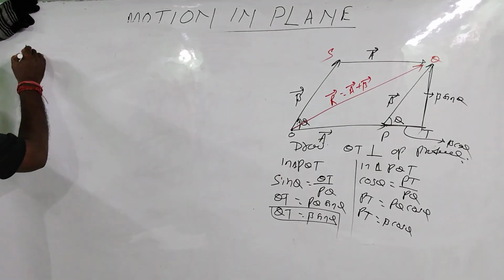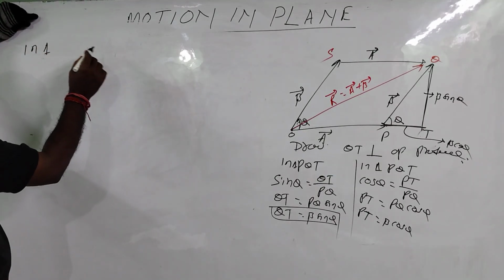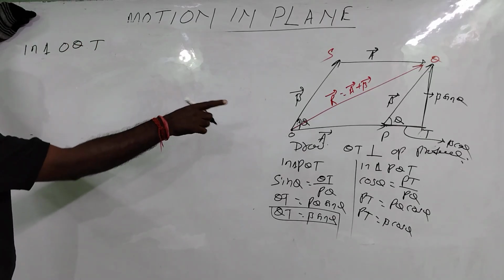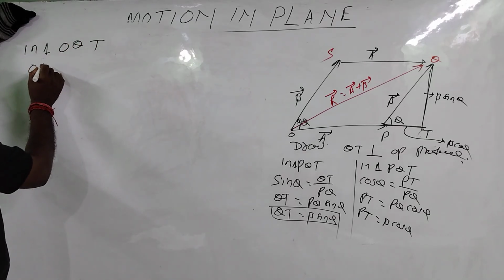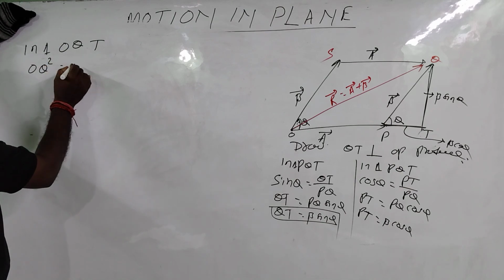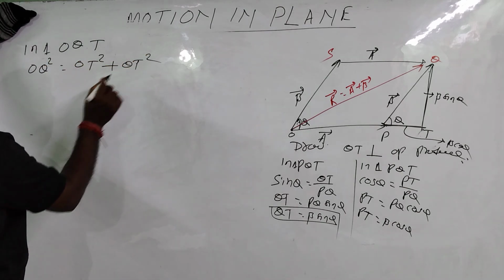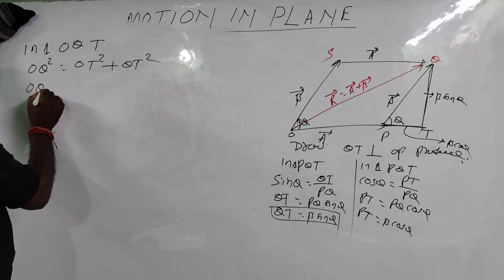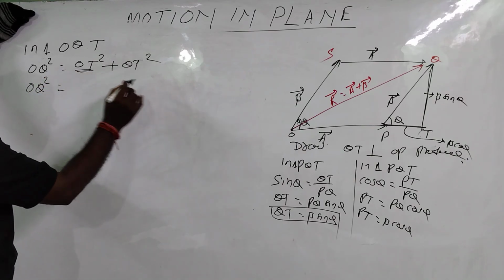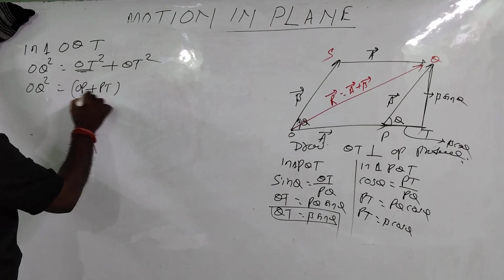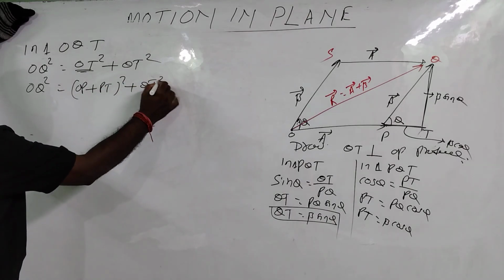In the bigger triangle OQT, by Pythagoras theorem, OQ square equals OT square plus QT square. OT equals OP plus PT, so OQ square equals (OP plus PT) square plus QT square.